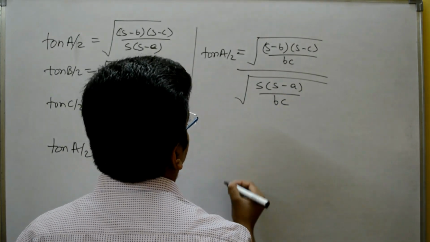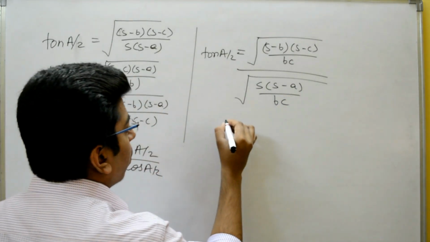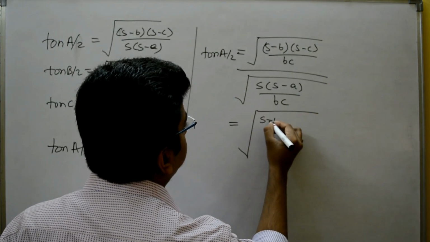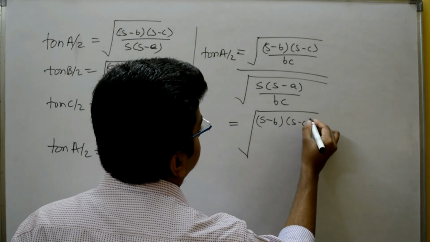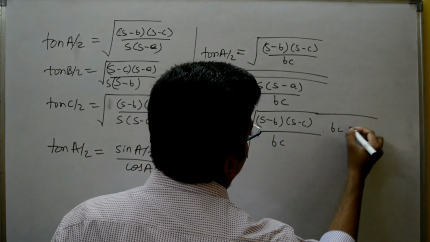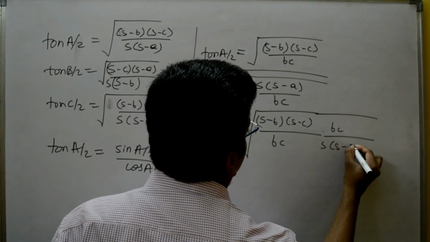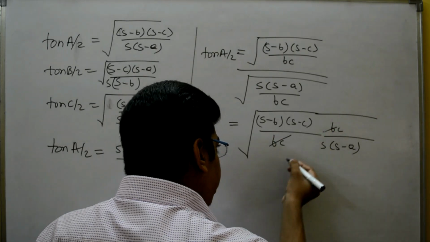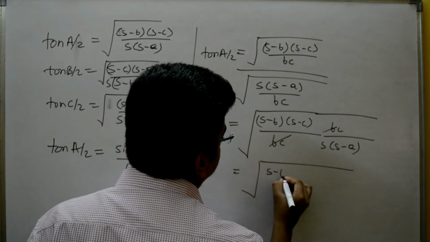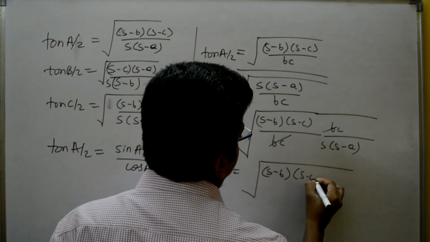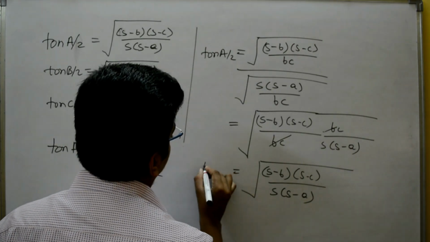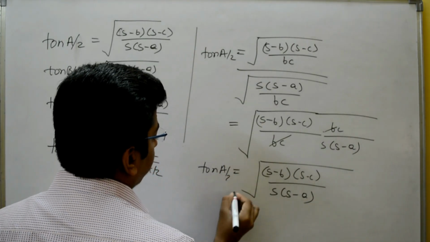It is under root of s(s minus a) upon bc. So the next step will be (s minus b)(s minus c) upon bc into this bc upon s into (s minus a). This bc will cancel. Therefore, the formula will be (s minus b)(s minus c) upon s into (s minus a). This is all about tan A by 2.